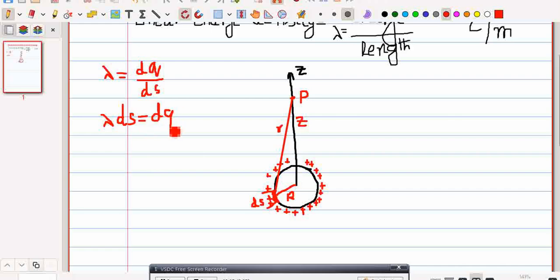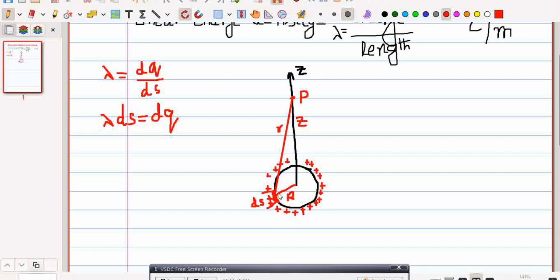Now we make one assumption, or this is very obvious, that this is a far off point, so that this small length element is so small that it will behave as a point charge with respect to P. Looking from P, it will look like a point charge.